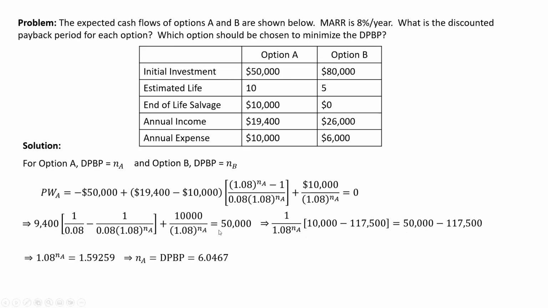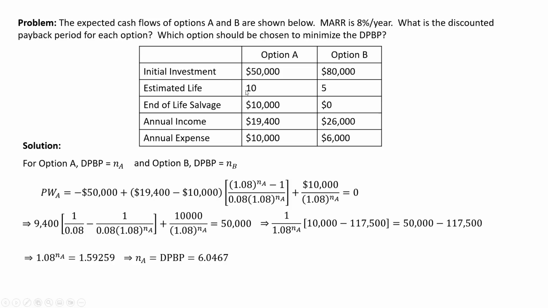Okay, good. So for option A, what is the idea? The discount payback period apparently is 6.0467 years. Estimated life is 10 years. So you take up this option, right? What's going to happen? You'll start to see positive benefits in 6 years itself.